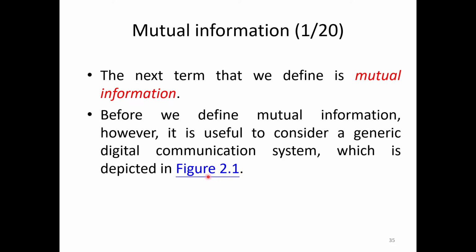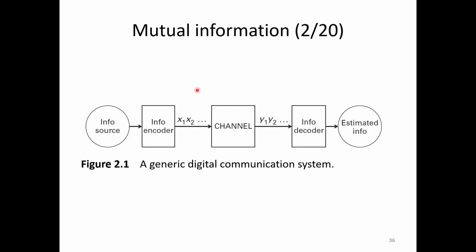figure 2.1. Okay, figure 2.1 shows a generic digital communication system. In the beginning, there is an information source. After the information encoder, or after the encoding, we will obtain symbols x1, x2, and so on.